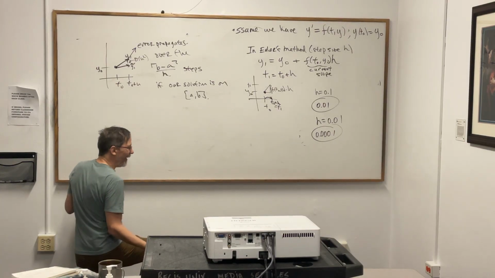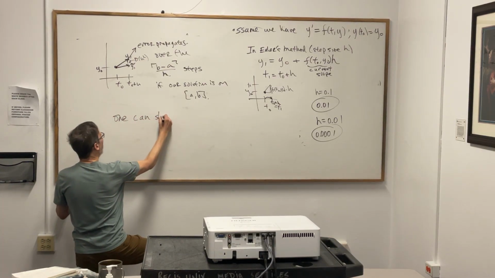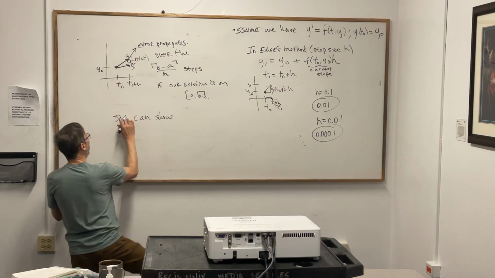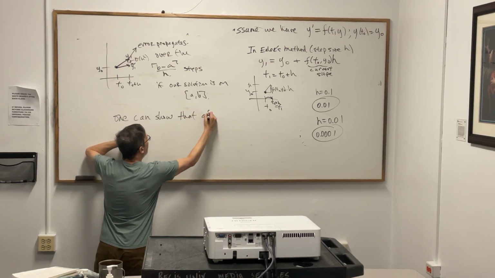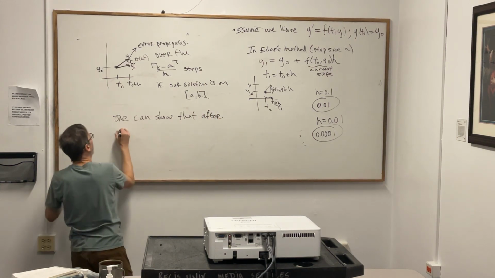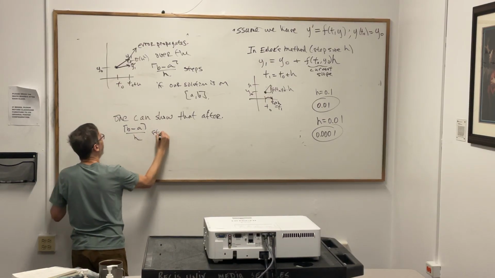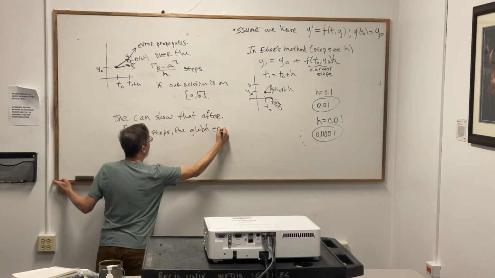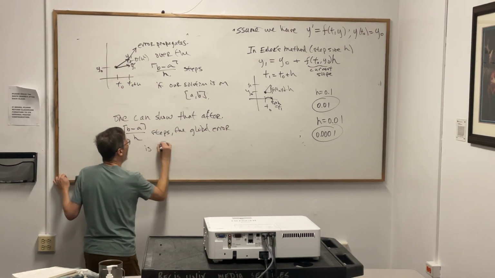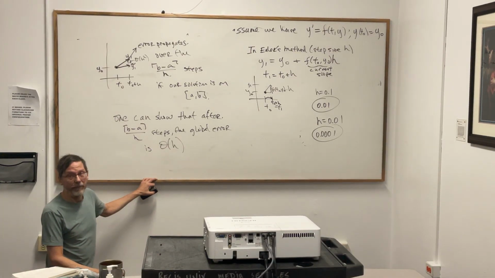The book is like, this is a lot of hocus pocus, but one can show that after b minus a over h steps, the global error, so after the process is done, you lose some precision, is an order h.